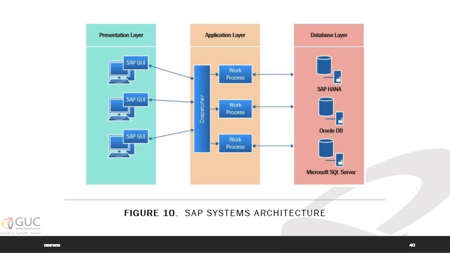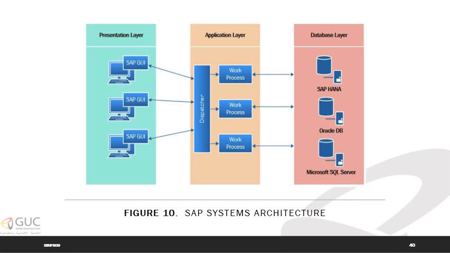This figure shows SAP System Architecture with its three layers. The database layer, which stores all the data needed for the ERP system, can include a relational database such as Microsoft SQL Server or Oracle. The application layer includes a set of servers which are responsible for background processing and request management.